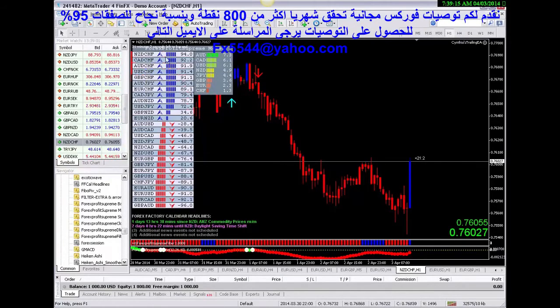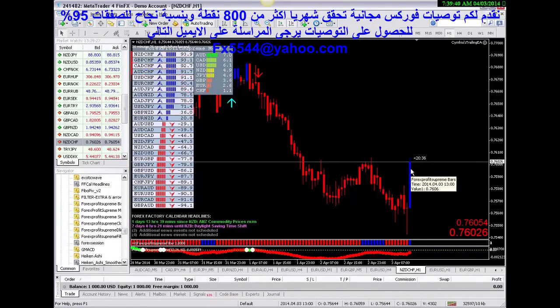These are all pairs. And if you come over here and look at the individual currencies, go look at the New Zealand dollar. It's average. It's not even strong, not even weak. It's yellow. It's average strength. But it's paired against the Swiss franc, which is really, really weak. So what they're doing here is buying the New Zealand dollar but selling the Swiss franc.